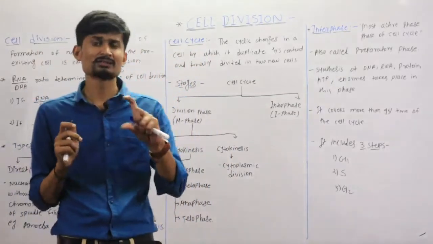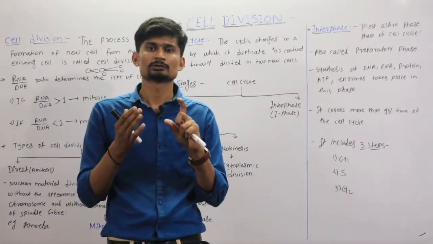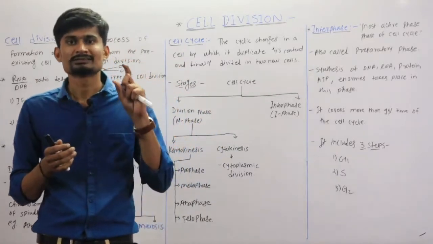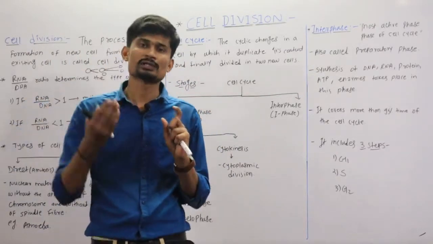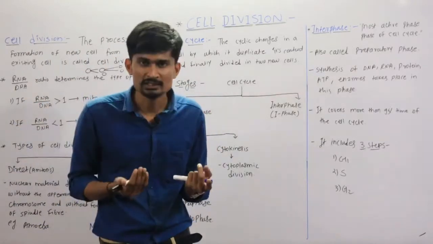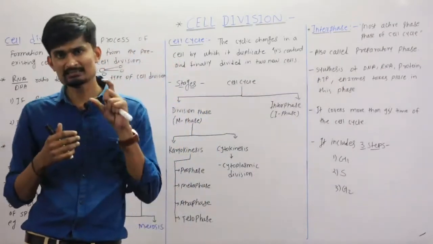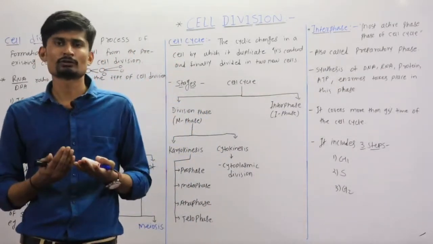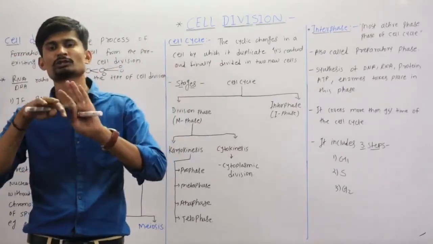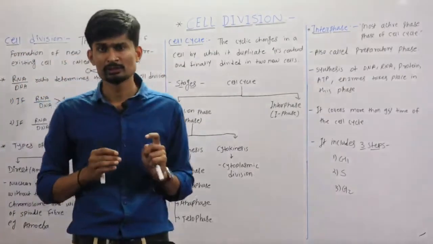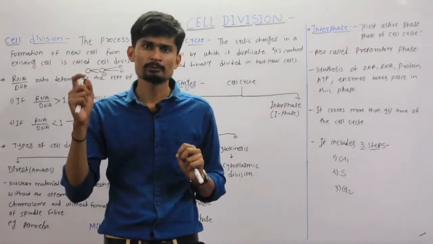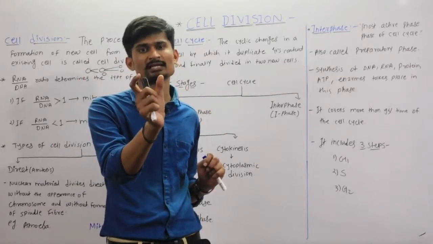So this single celled zygote starts to divide, and due to this division of the zygote there is a formation of the complete organism. So we are formed from a single cell stage, that is the zygote.